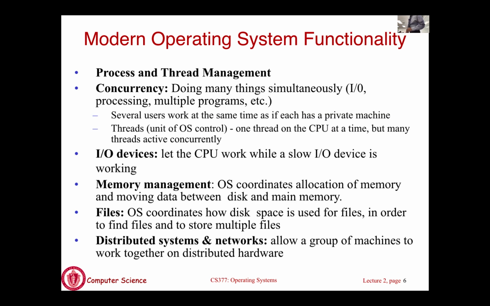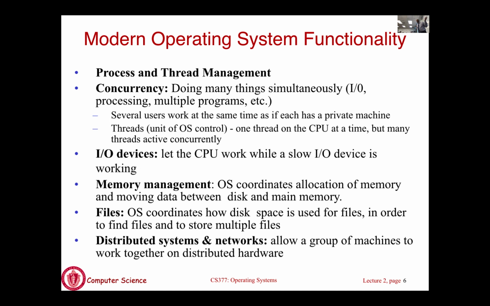So now let's step back and ask, what does an operating system give us? And then we'll ask, to enable that functionality, what do we need from the hardware? What hardware features do we need? Here's a set of features that you expect any general purpose operating system to provide. Process management: it needs to manage applications that are running.